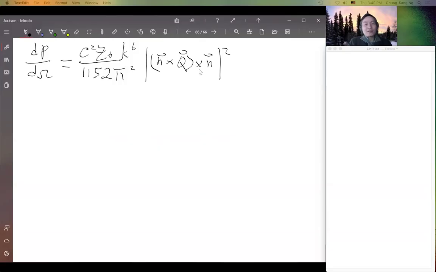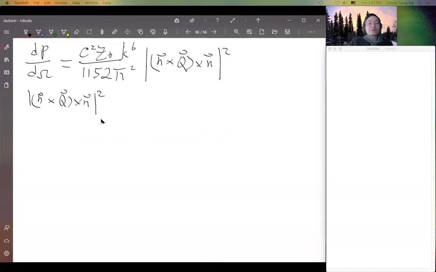Another difference is the extra N dependency in Q. So when you get the total power, we need to be a little careful. So we'll do that now. The first step will be very similar to what we have done for the electric dipole term.